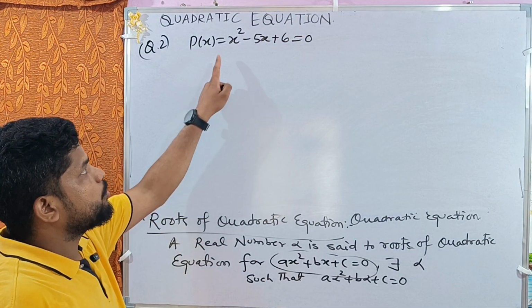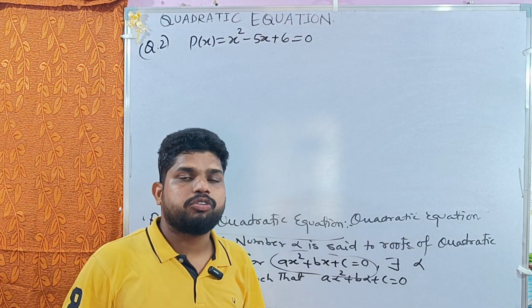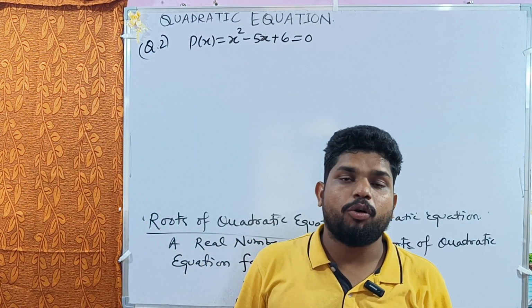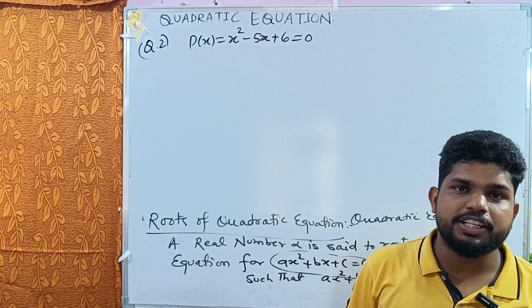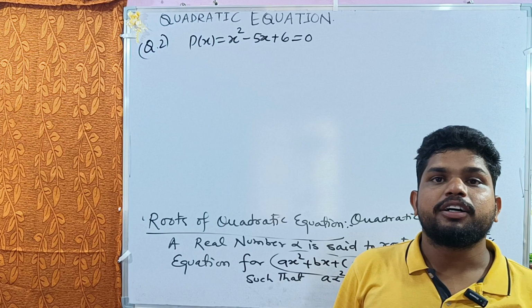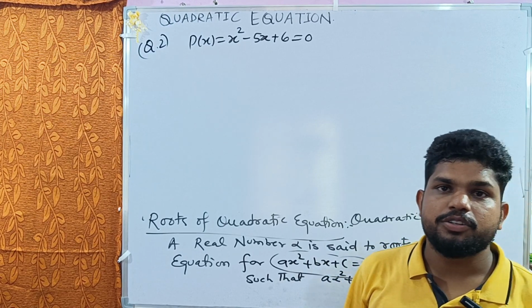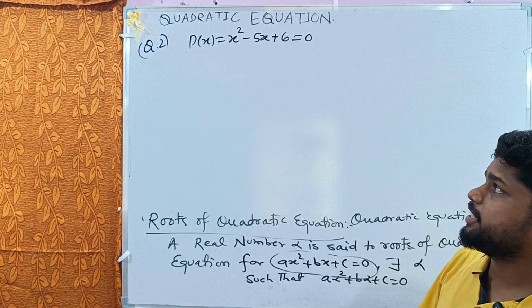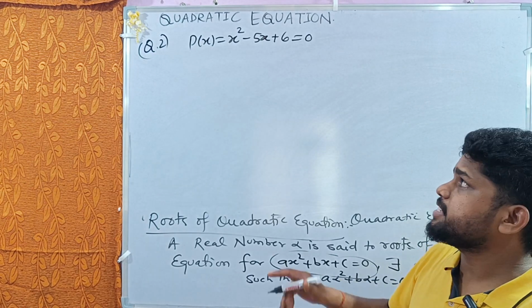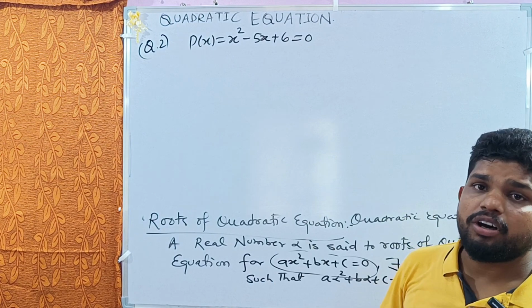Dear students, this is a quadratic equation. We aim to find the roots of this quadratic equation by using the hit and trial method. So one by one, let us put the value of x, which may be integers, and we will see whether the given value of x satisfies this quadratic equation or not.